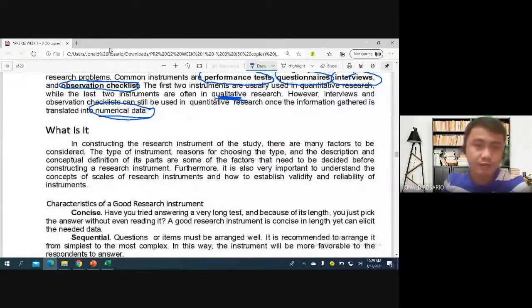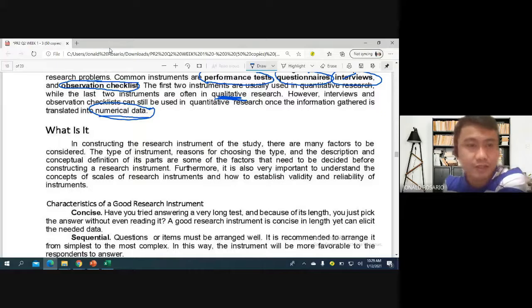Ano ba yung nandito sa lesson na ito? In constructing the research instrument of the study, there are many factors to be considered. So, imagine nyo na lang, mayroon na kayong topic, nakapili na kayo.